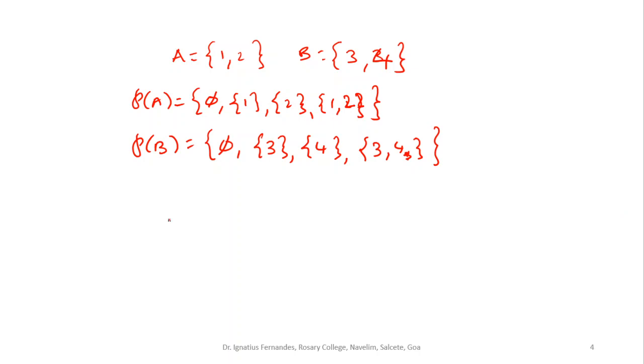Now, if I look at A union B, what will be A union B? The set containing 1, 2, 3, 4. Now A union B has 4 elements. What will be power set of A union B?